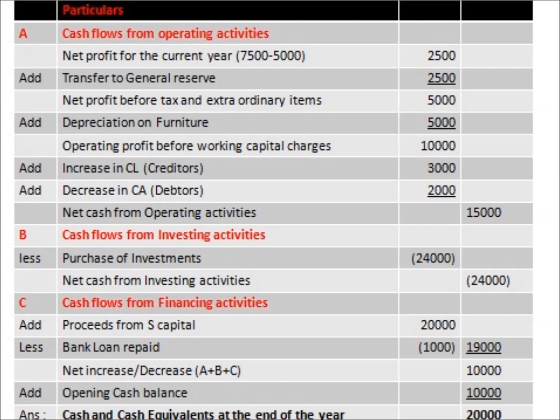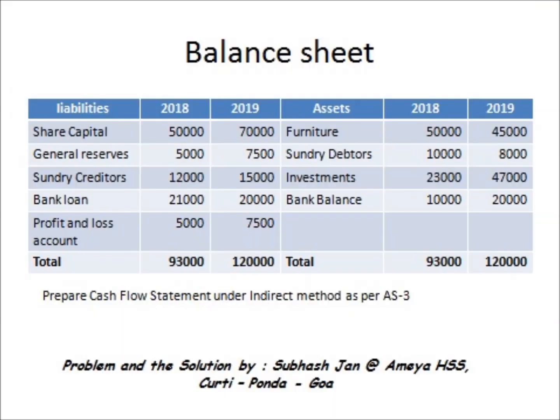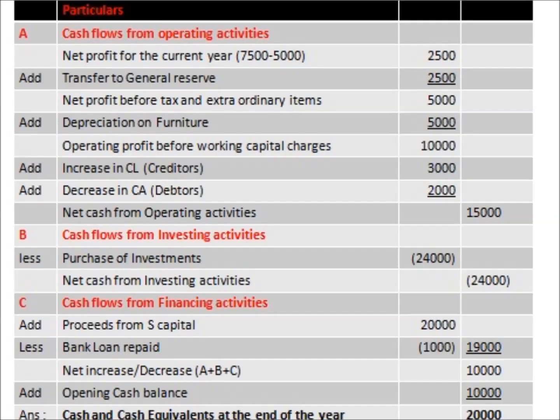Then we add the extraordinary items. What is the extraordinary item here? That is a non-cash item, depreciation on furniture. It was 50,000 and 45,000, so depreciation is 5,000 that we have added, and no other item. So 5,000 plus 5,000, you get operating profit before working capital changes, that is rupees 10,000. Then you add the working capital changes, the differences in current assets and current liabilities.